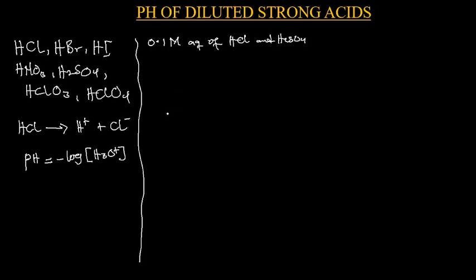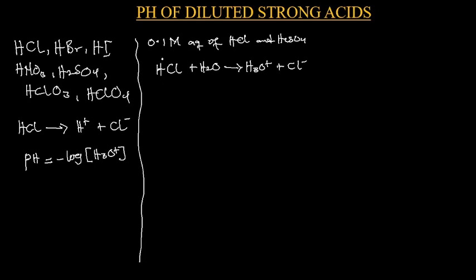Now, when we take HCl, because it's a strong acid in water, we are going to have it dissociate completely to give us H3O+ and then the Cl-, all aqueous.